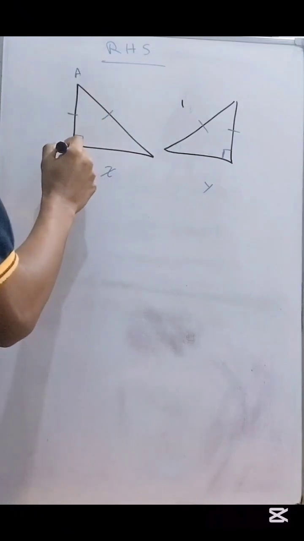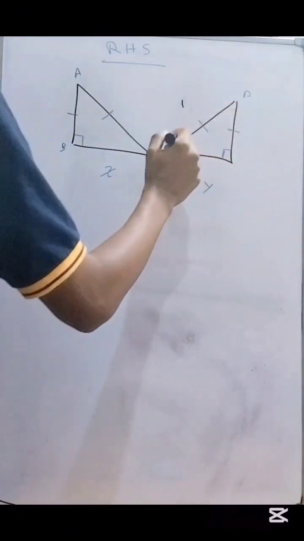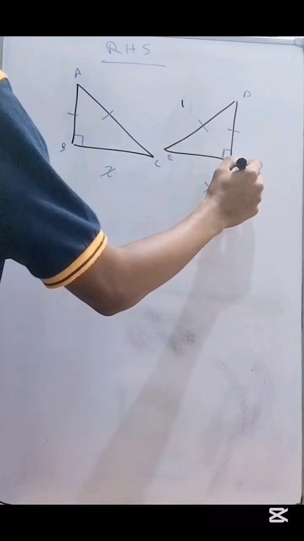To prove this, how could we prove this? When we prove the right angle hypotenuse side case, in a triangle it should be a 90-degree angle. Only then, a triangle with a 90-degree angle is referred to as a right angle triangle. So let's prove it first.